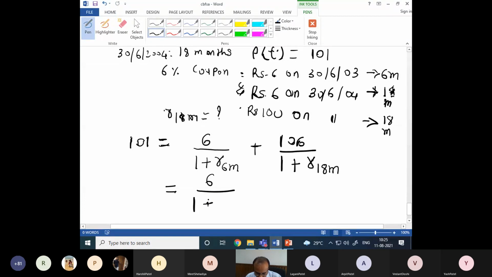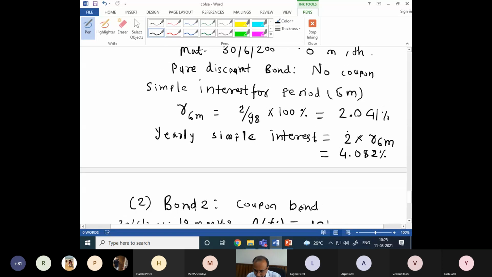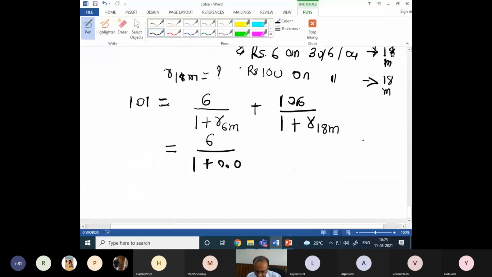So what should I substitute? I substitute here 1 plus this value which I have calculated, it is 0.02 because it is 2.041%. So 0.02041.